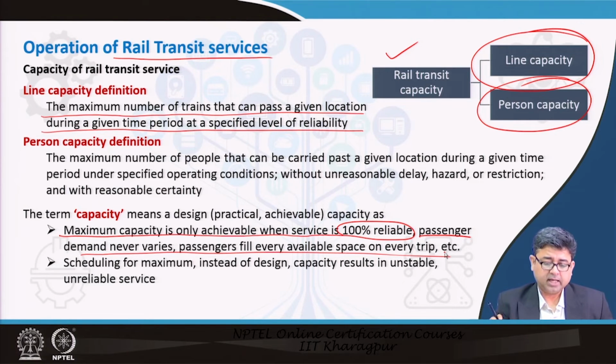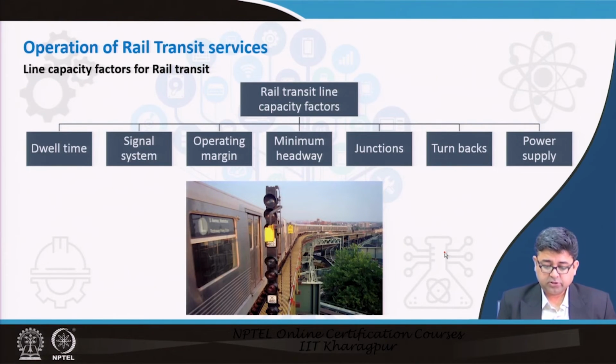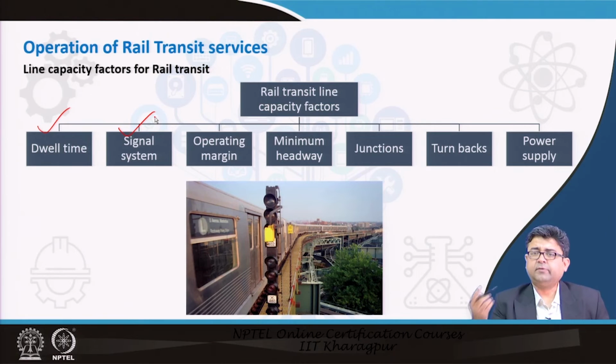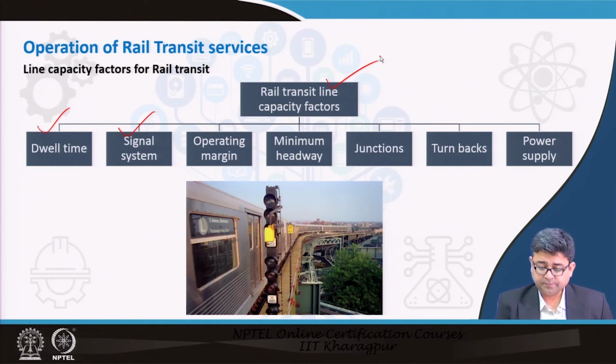There are a few other elements that we look at in rail which are different from bus, and that will give you an idea of it. Again, dwell time is very similar. Signal system plays an important role. Even for bus transport, the signaling on the urban roads plays an important role, but for rails they have dedicated signals which also play a role in understanding the capacity of the rail transport system.